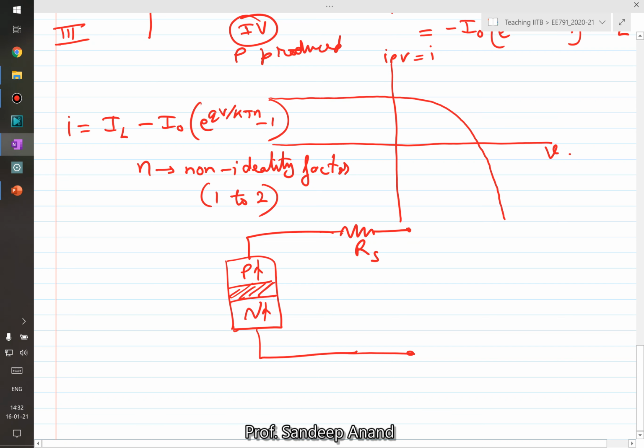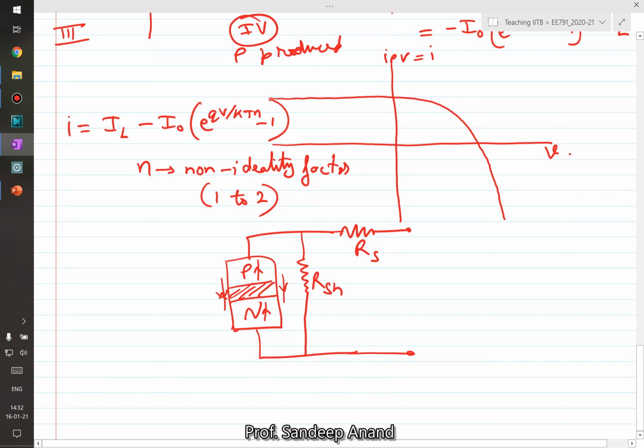Right? Further, when we talk about this PN junction, the natural process is happening, but there could be leakage due to maybe current flowing on the surface and so on, right? And that could lead to the flow of some leakage current through this shunt resistance RSH.